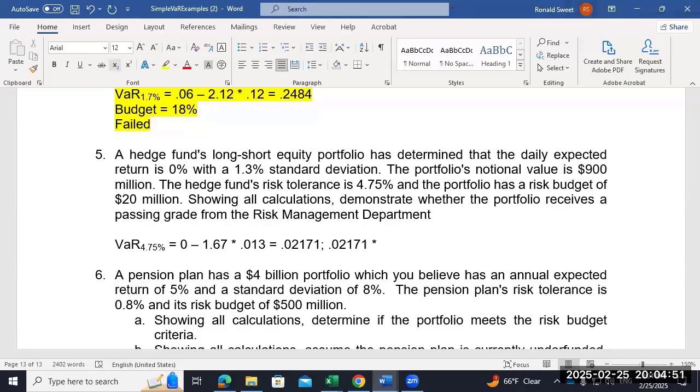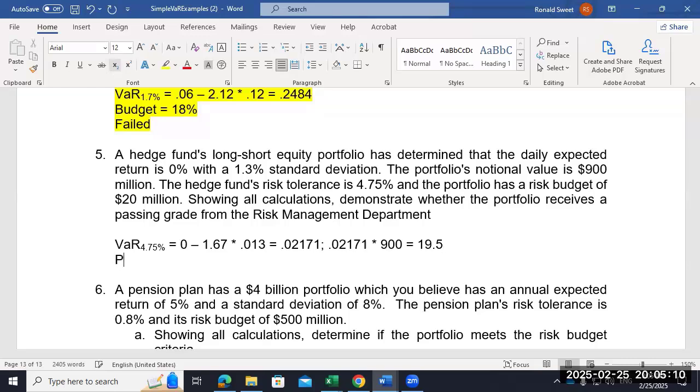Multiply by what? Oh, it's 900. And how much do you get? 19.5. That looks about right. Does that look right? 19.5. So did they pass?